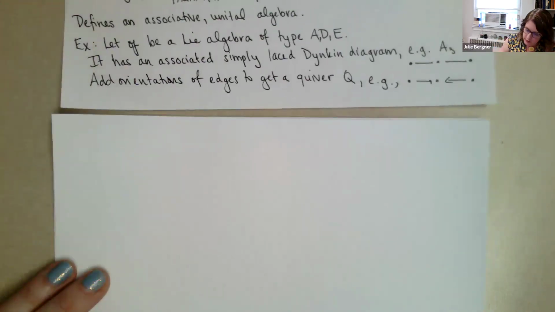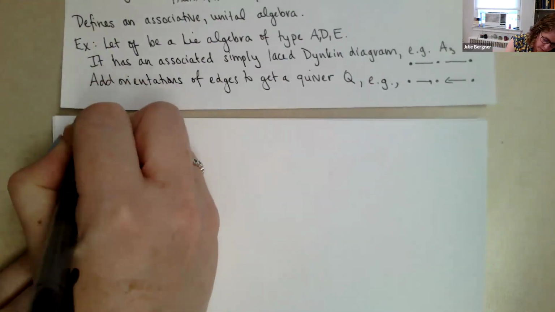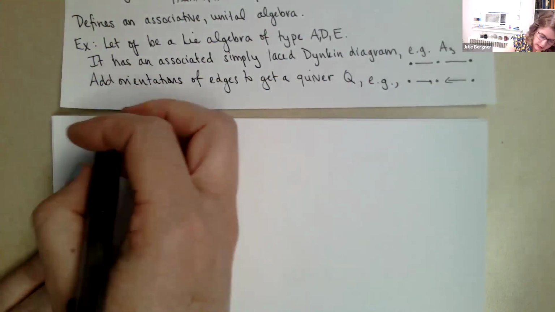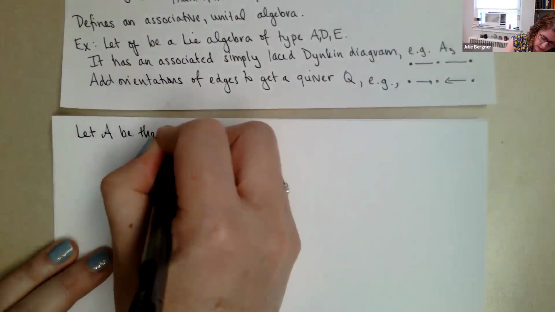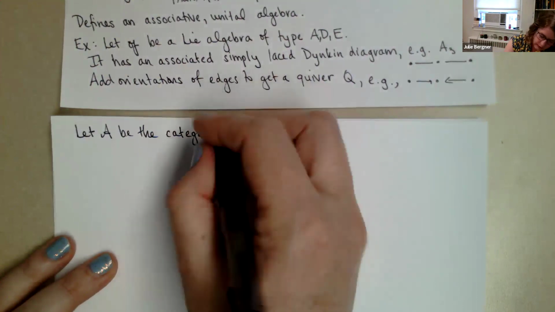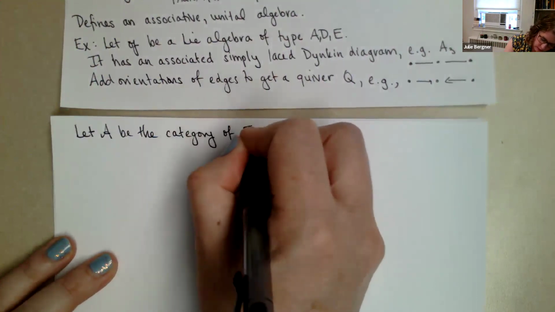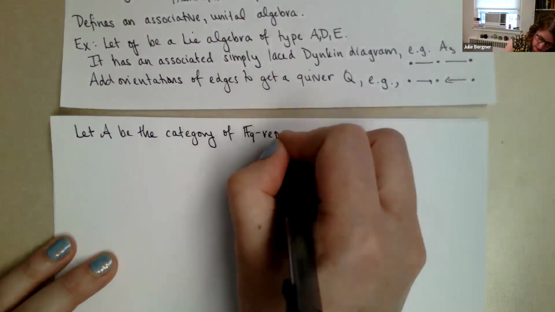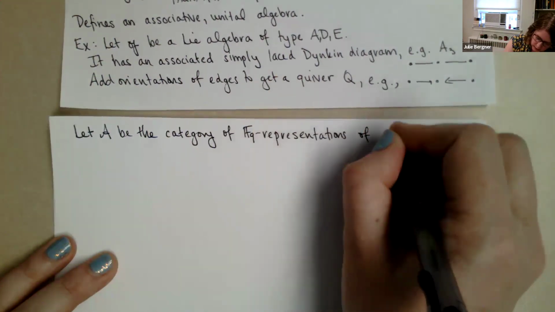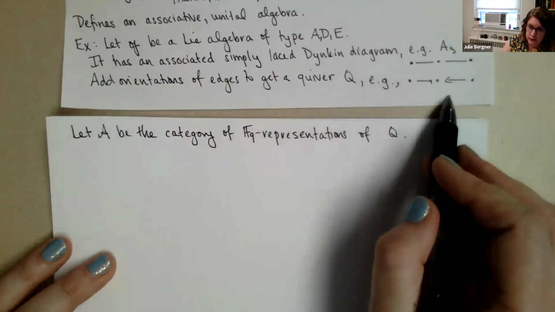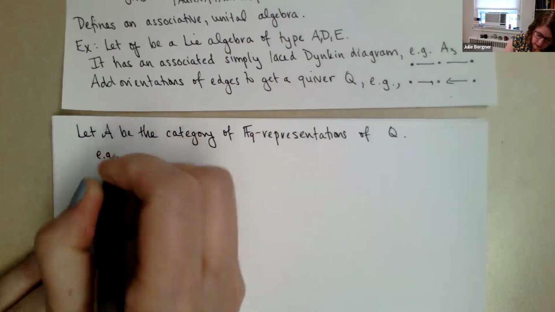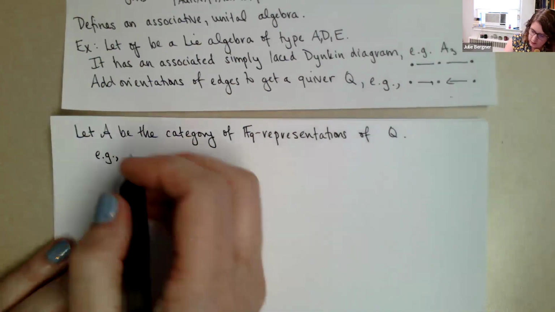All right, and so now I want to produce a Hall algebra, so I need an abelian category. So I'm going to let A be the category of representations of Q over a finite field. So for example, for this quiver Q, an example of a representation: you're just mapping this into F_q vector spaces.